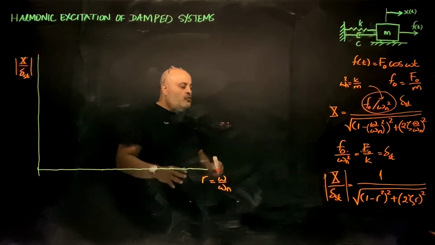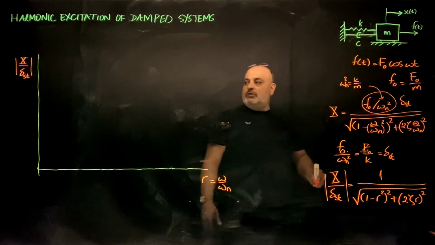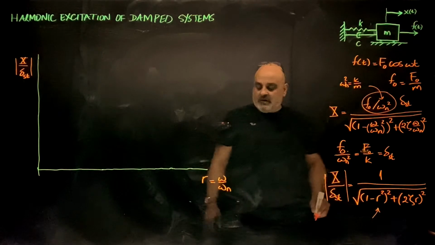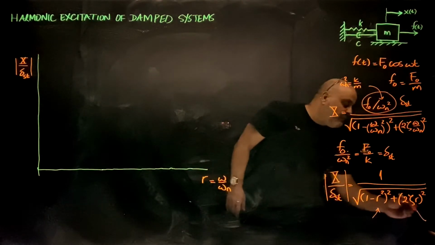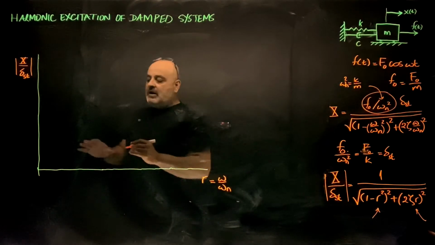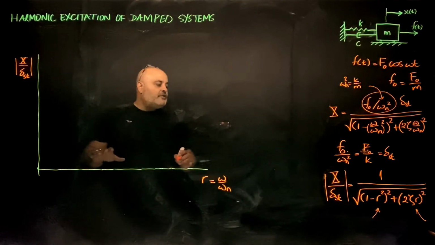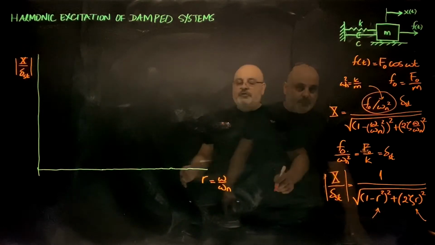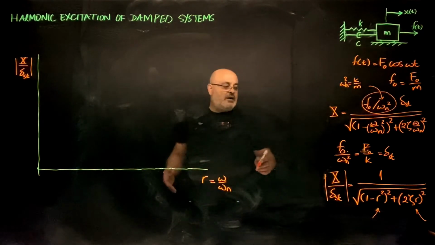Now we have two parameters here to consider. We have r, the frequency ratio, and we also have the damping ratio, zeta. So I need to plot several curves for different values of zeta. First, let's consider zeta 0.